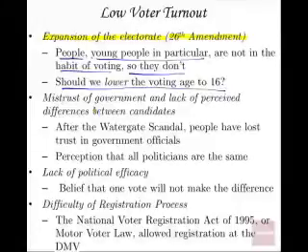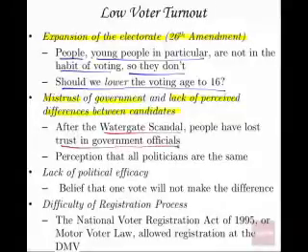Another reason why people don't vote: simple mistrust of government and lack of perceived differences between candidates. So after the Watergate scandal, people have lost their trust in government officials. So, with all the scandals and corruption that these government officials are part of, some people are like, what, things are okay, and whoever's in office, it doesn't matter anyway.